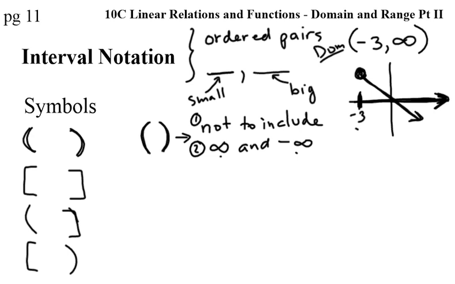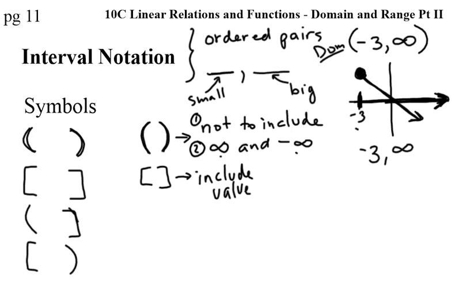This would change a bit if all of a sudden that was dotted? We now have a low value -3, high value infinity, but this time -3 is included. Well, that's what the square brackets are for. Square brackets are if you include the value in your domain and range.